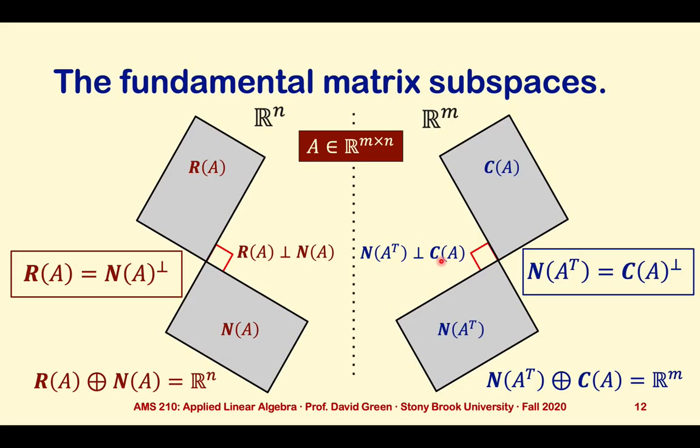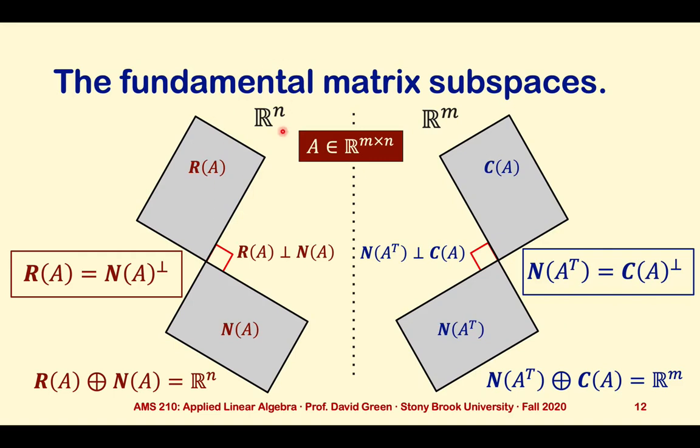This can be added into our picture of how a matrix can be divided into these four fundamental subspaces. When we start with a matrix A that has m rows and n columns, we can first of all think about a piece of this that describes Rn, and another piece that describes Rm.